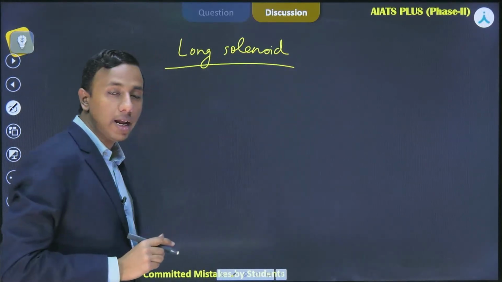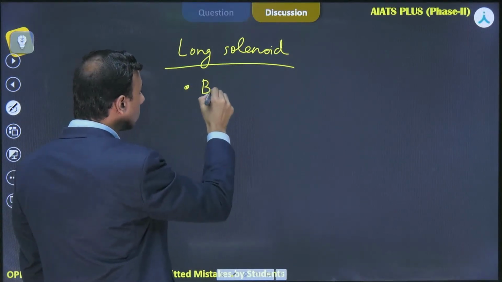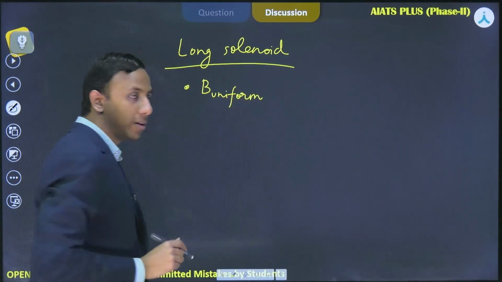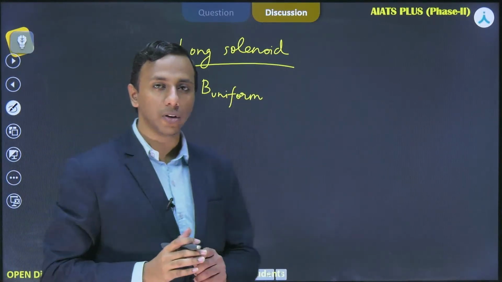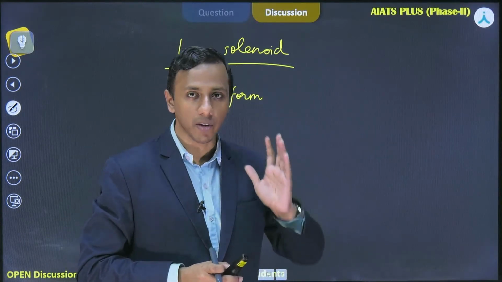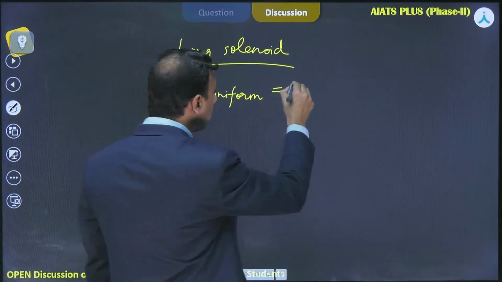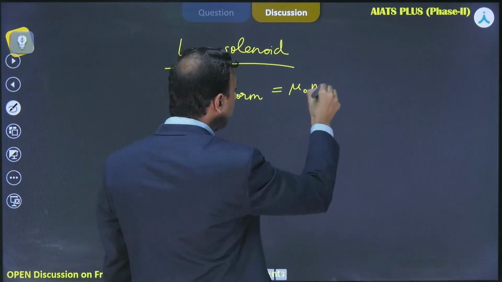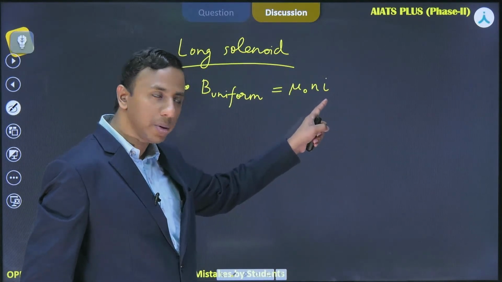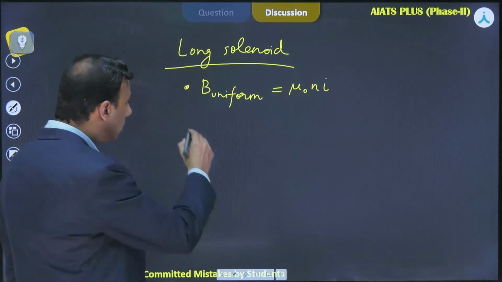Firstly, the magnetic field will be uniform in the interior of the solenoid. Everywhere the magnetic field is going to have the same value, not just at the center. That magnetic field will be equal to mu naught N into I. I is the current, N is the number of turns per unit length, and mu naught is, you already know, a constant, right?